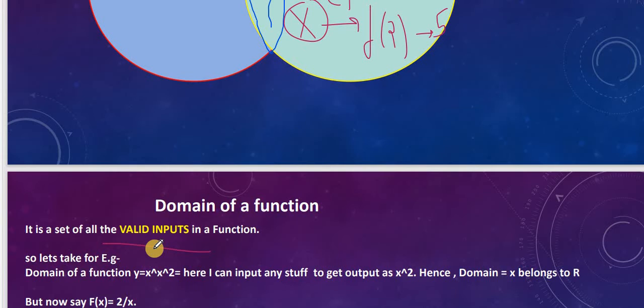f of x equals x: here all the real numbers are valid inputs, there is no problem. Further, f of x equals x square, f of x equals x cube, the domain is all the real numbers. So it is the set of all the valid inputs. You can also think of a function as a machine.